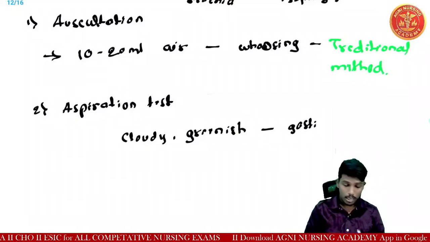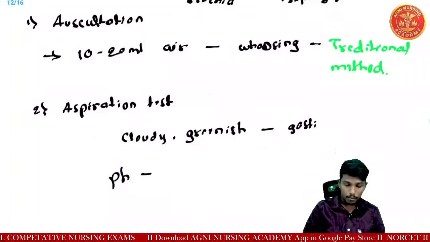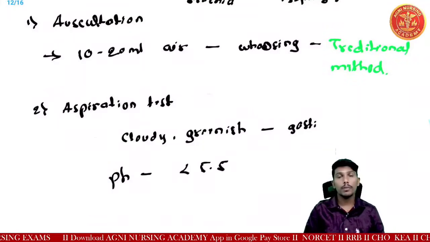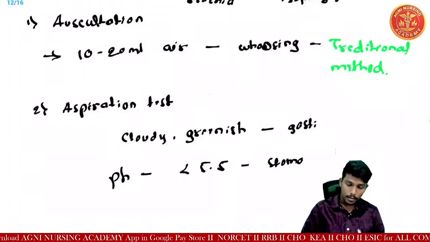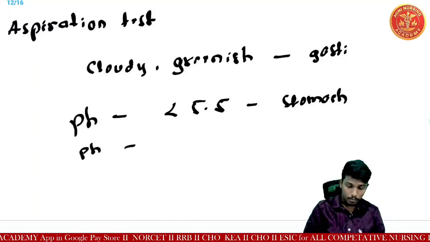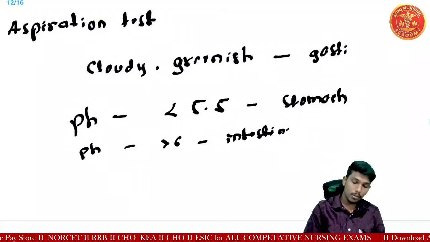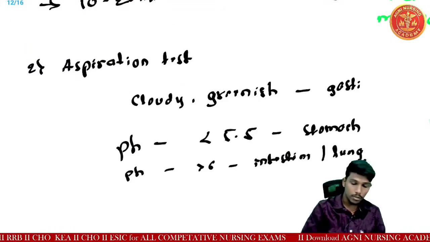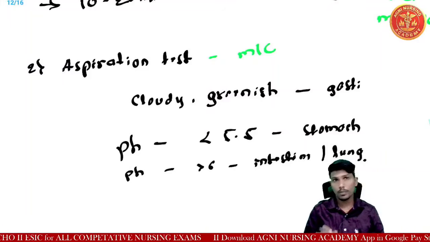We have to check the pH of the content; it will be less than 5.5, which means it is in the stomach. If the pH is more than 6, it means it is in the intestine or lung. This is the most commonly used method to check the placement of the tube.